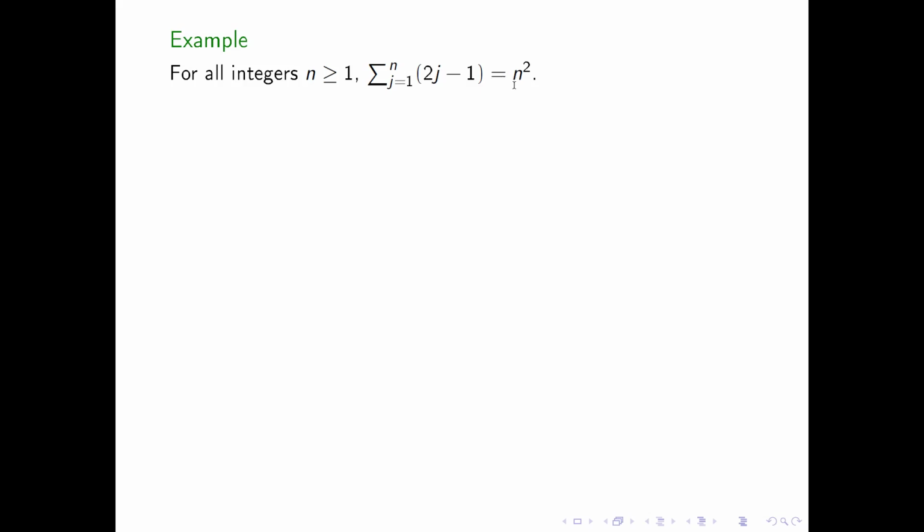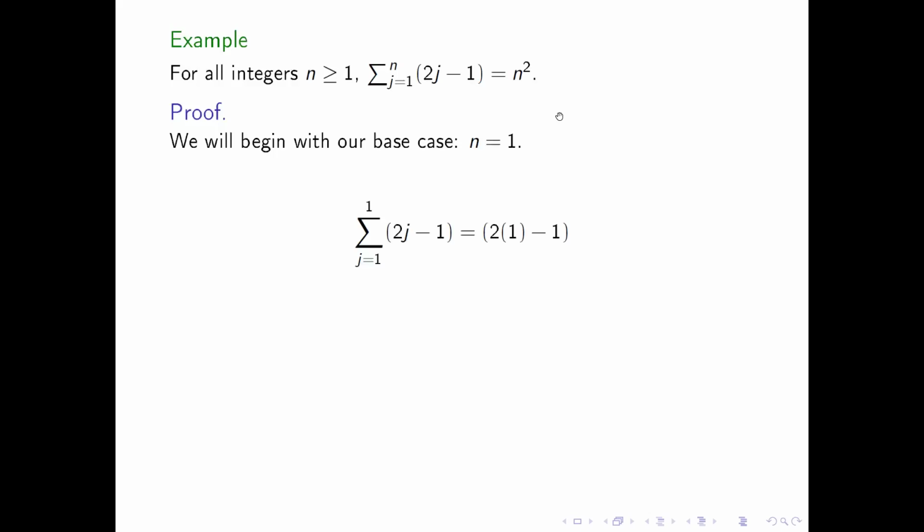So we have to start by saying, what is my base case? Our base case would be the smallest n value, which is n equals 1. Now I'm simply going to show that when n is 1, my summation equals 1 squared. That's just the one term, 2 times 1 minus 1, which is 1. We do all the arithmetic, which happens to equal 1 squared.